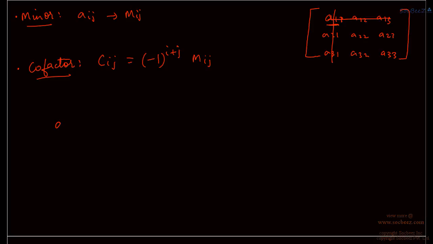There are a couple of properties here. The first one: suppose I lock any of these indices. Every element, and even cofactor for that matter, has two different indices, i and j, depicting the rows and the columns.